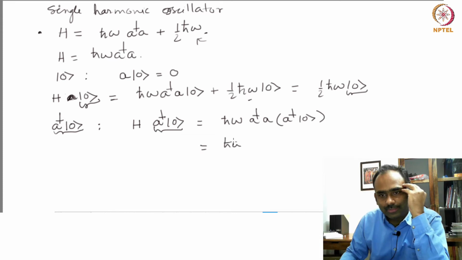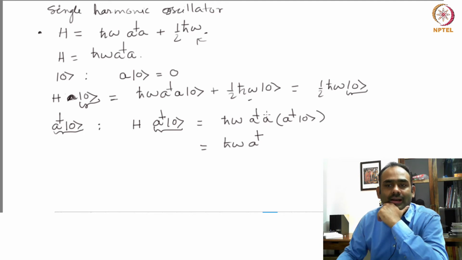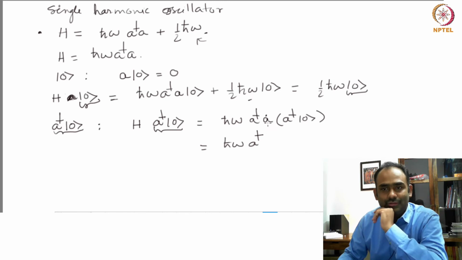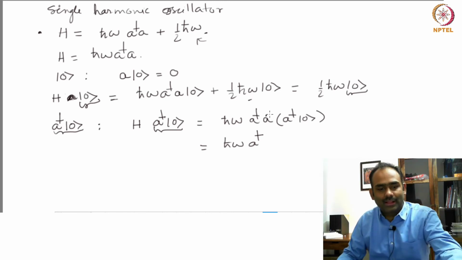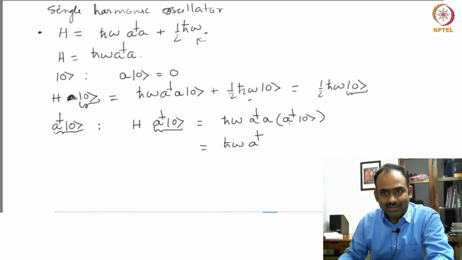This is h bar omega a dagger, that's fine. Now if you could bring this a next to the ket 0, next to the vacuum, then it will annihilate it, right? So that's what I'm trying to do. But for doing that, I have to use commutation relations. The commutation relation between a and a dagger is 1.